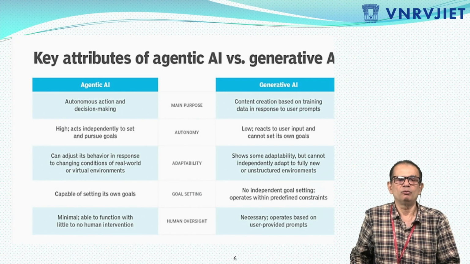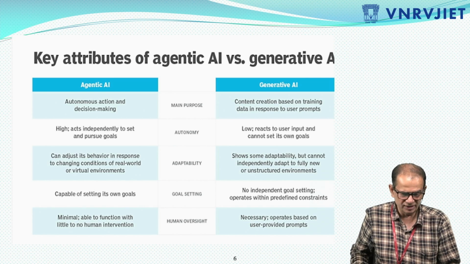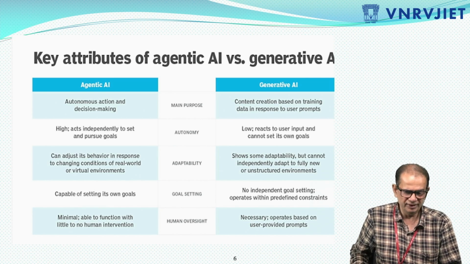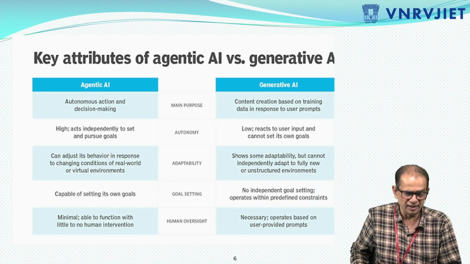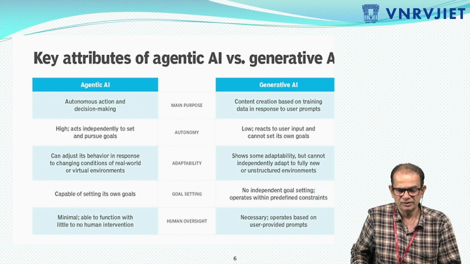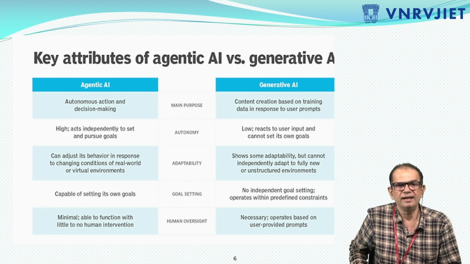Now, what are the key attributes which are different between agentic AI and generative AI? The key attributes are that agentic AI involves autonomous action and decision making. In the case of generative AI, we create the content and then display it to the user, based on the training data the content is created.